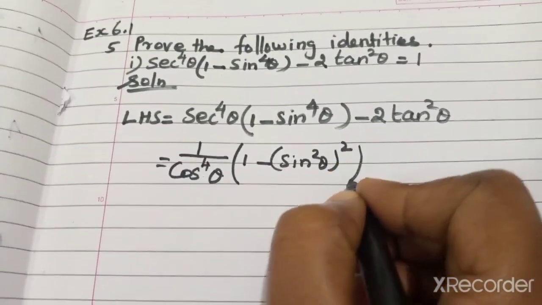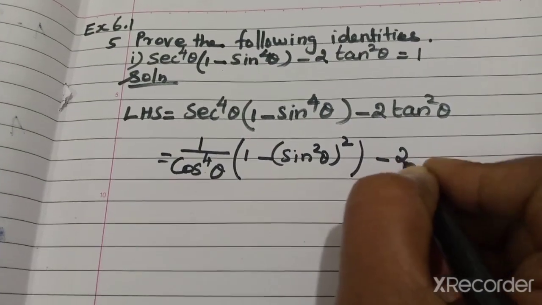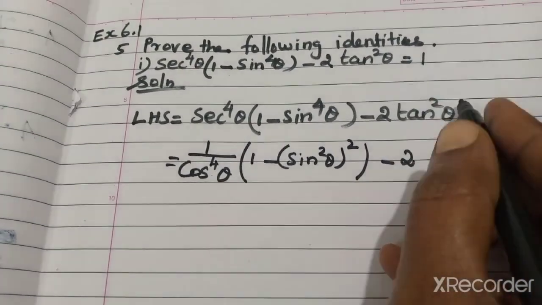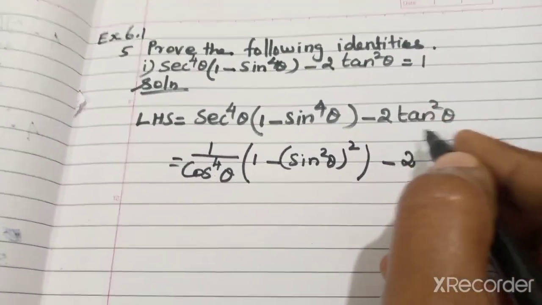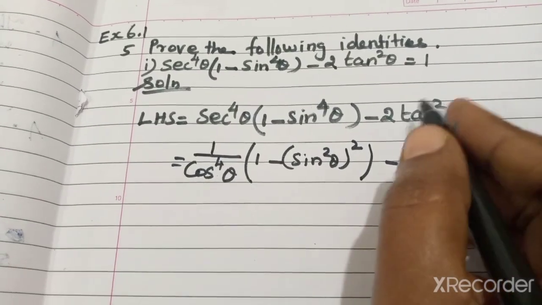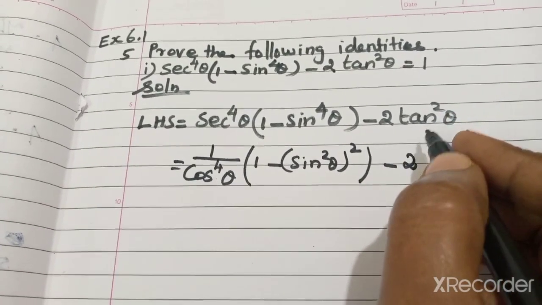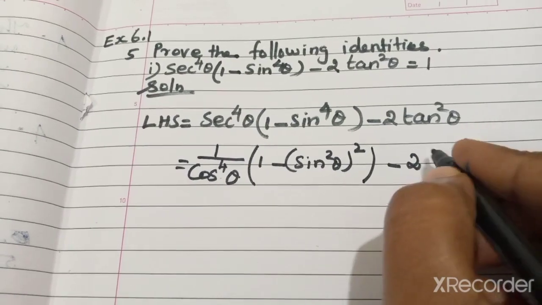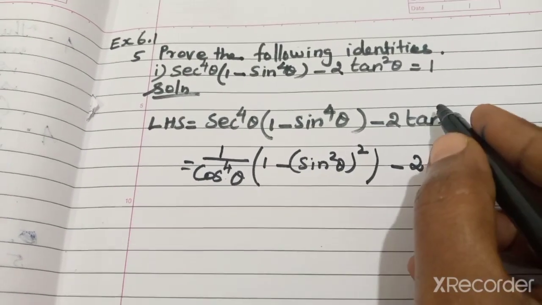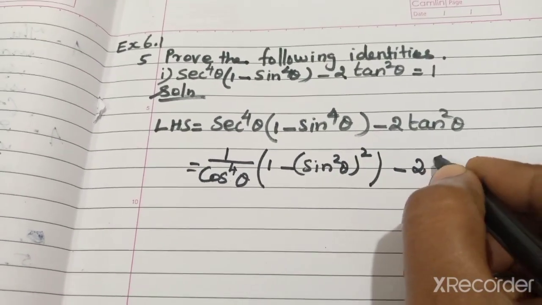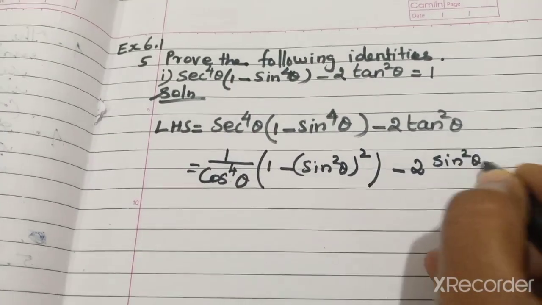Close the bracket, minus 2 into, let us use this tan theta. Let us bring this tan ratio into sine by cos. What is the tan theta formula? Do you remember? Tan theta is equal to sine theta by cos theta. So tan square theta equals sine square theta by cos square theta.